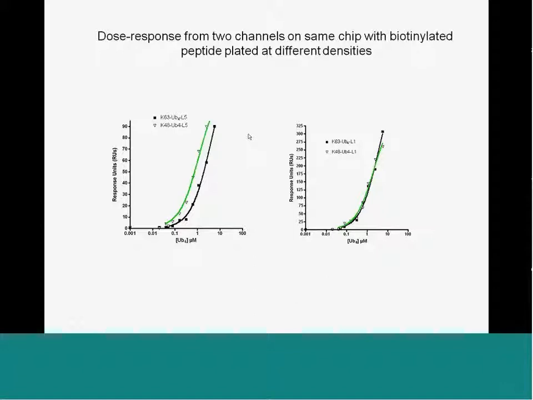We still need to do these experiments where we're using higher concentrations of our tetraubiquitin. We just haven't been able to do that just yet. But graphing it and extrapolating, we can get high affinity binding in the 1 micromolar range for K48 and K63, which show very, very similar affinity.